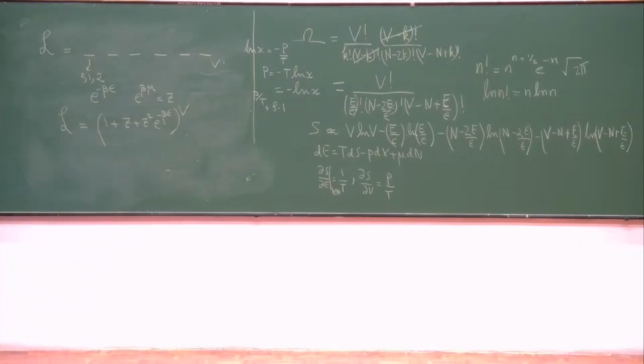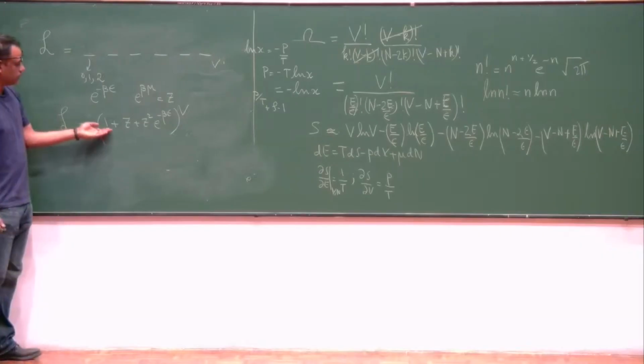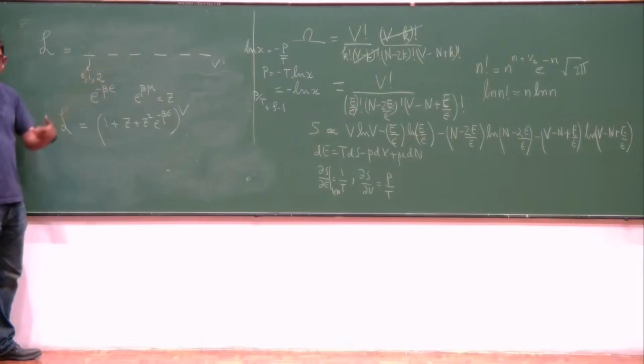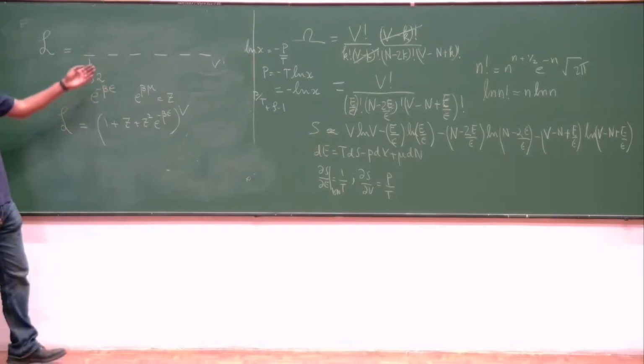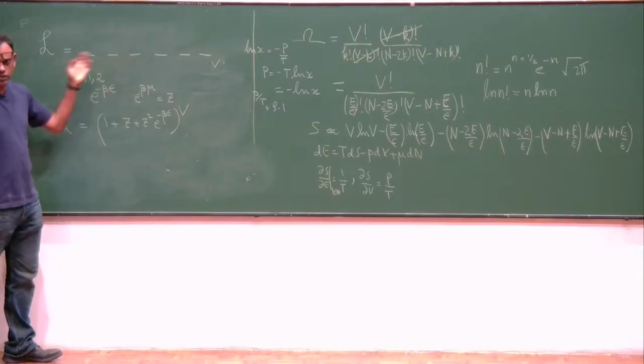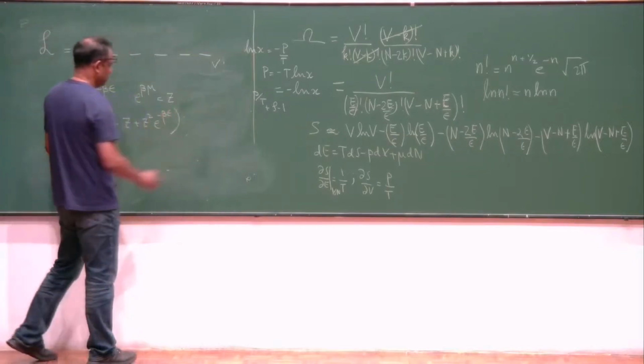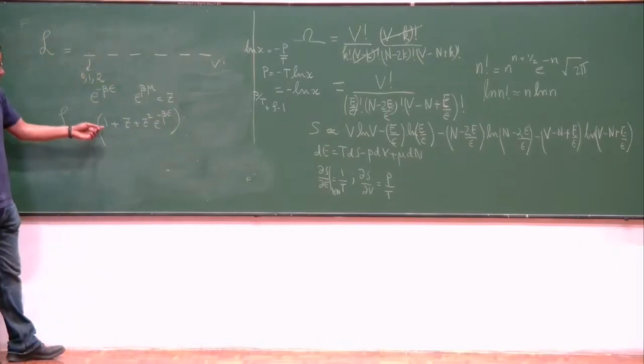Previously we had a lot of trouble counting. Now when I change ensemble, I am saying I could have each site with 0, 1 or 2 particles. The next site is independent of the first site. The third site is independent of the first and second site, and so on. So suppose I remove this V; for the first site, when 0 particles are present, I put a weight 1.